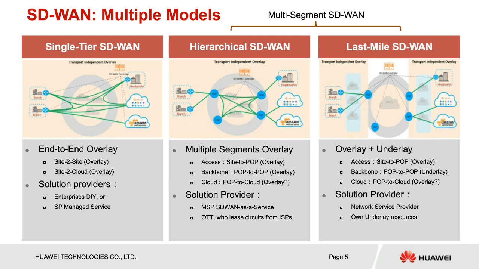And then we come to the third part. We call it last mile SD-WAN. This SD-WAN becomes valuable for service providers who own and manage their own infrastructure. So network service providers, large ones, tier one service providers, own infrastructure, or they lease fiber, or they own their own fiber.